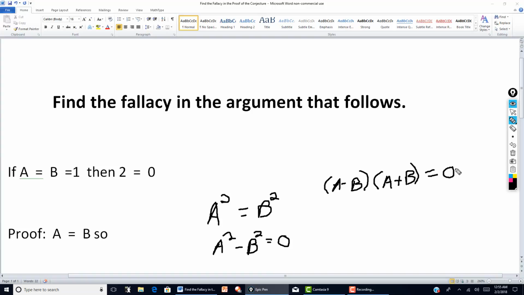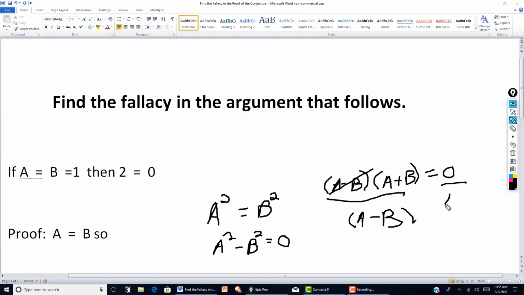And then I can choose to divide by either one of these. I'm going to divide by A minus B. That's a common step that we perform when we're solving equations, so I'm going to divide both sides by A minus B.